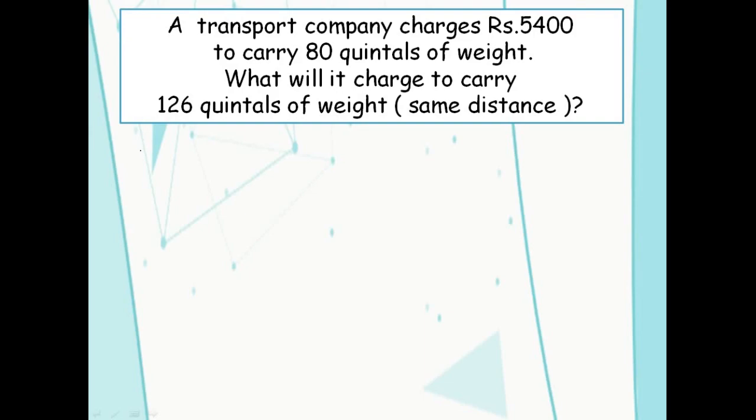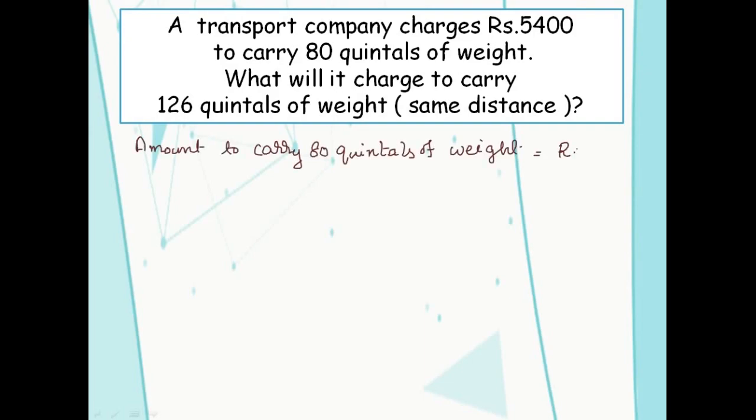Let's read the first sentence. A transport company charges rupees 5,400 to carry 80 quintals of weight, which means that what is given? The amount to carry 80 quintals of weight is rupees 5,400. Let's write it.